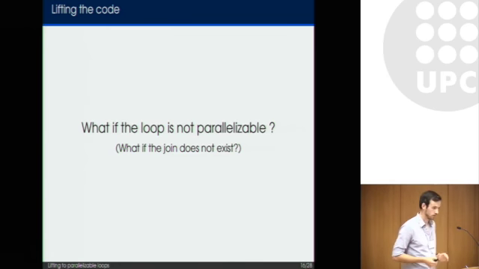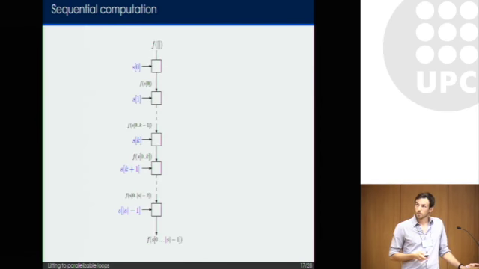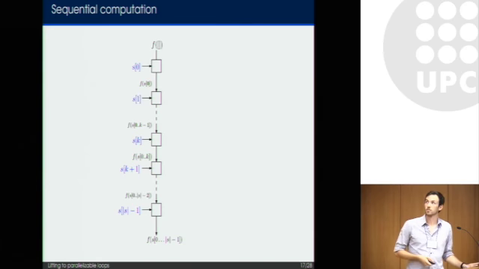And then our second problem, what if the loop is not parallelizable? So we try to find a join, it does not exist, and we try to find an extension of the loop, or a new computation, so that this new loop, that is just an extension of the old one, is parallelizable. So we have the sequential computation starting from the initial state f of empty list, and we read the inputs S0, S1 until the last input, and we have a final state.